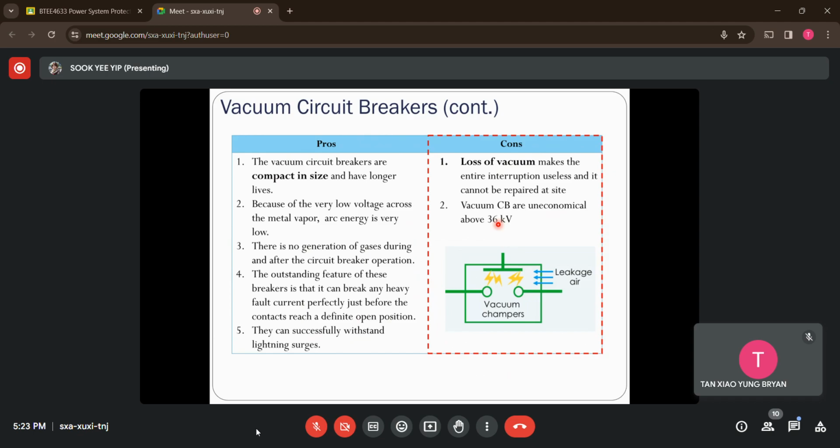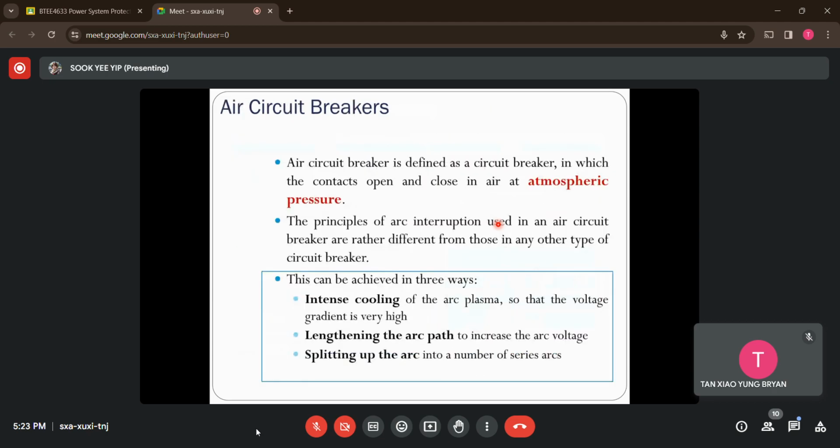So you thought this is the last breaker we have, right? Sorry, we have one more. It's known as the air circuit breaker.